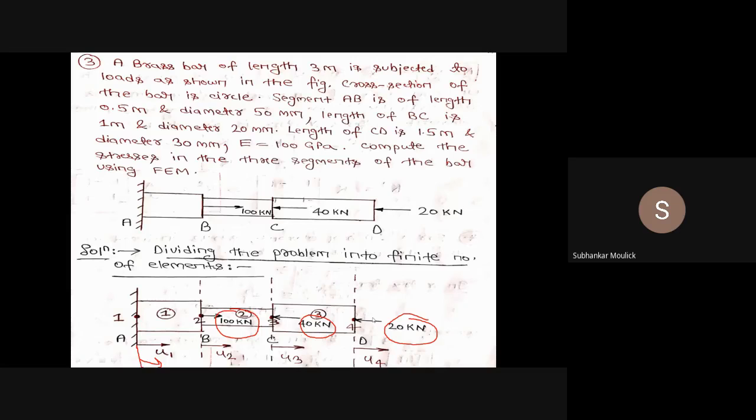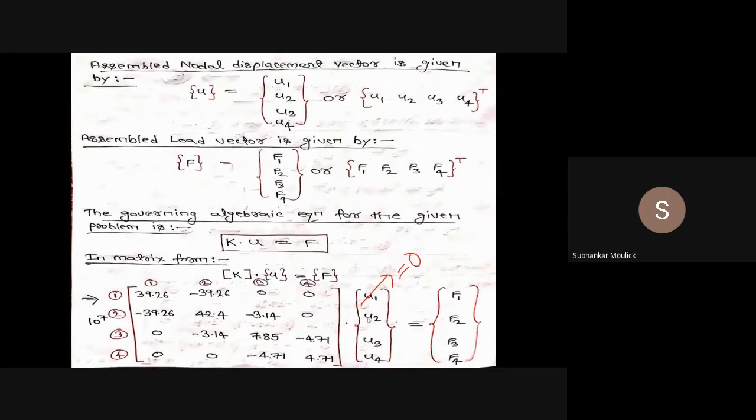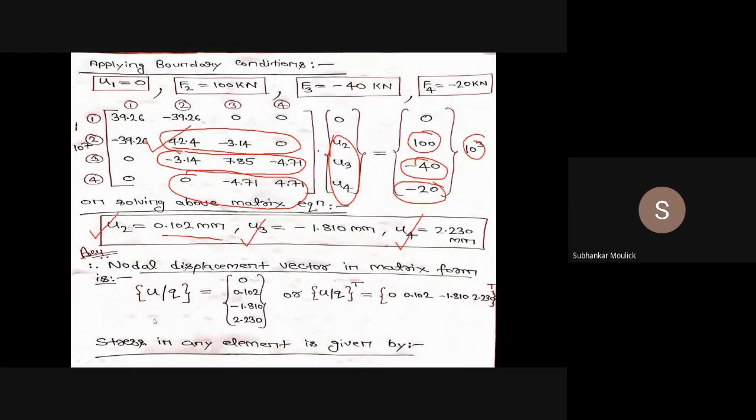That means this assembled nodal displacement vector transpose will be nothing but u transpose, that is u of element. Sometimes in some books you can find it written as q also, so that's why here I have written u oblique q. In some books you can see that q is also written.